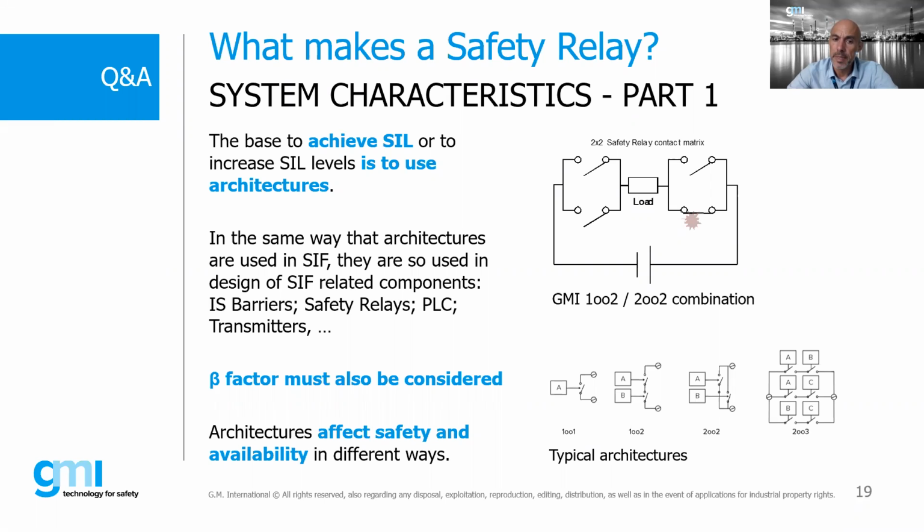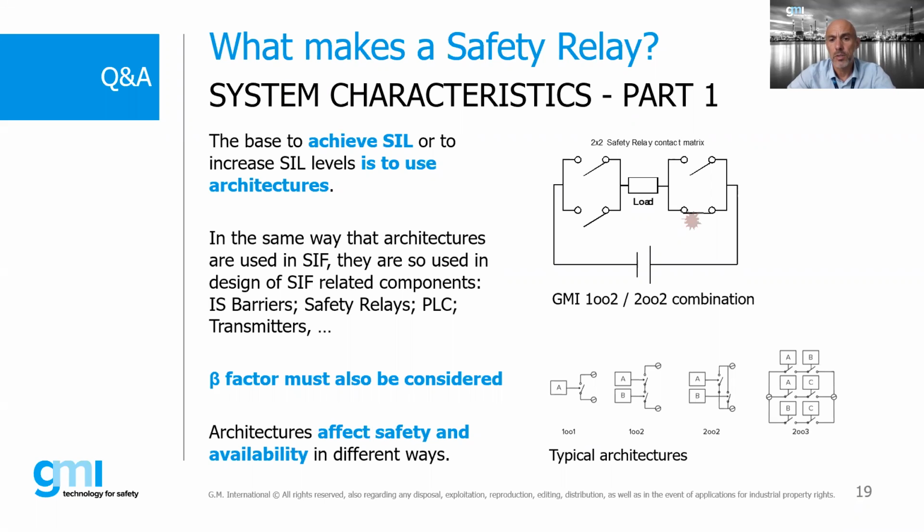That is another point: you have to consider the beta factor. The beta factor means that if you are using 2 components in a redundant system, those components can fail at the same time if they are made by the same manufacturer, the same product, produced at the same time. So there is a very high probability that those components could fail at the same time.